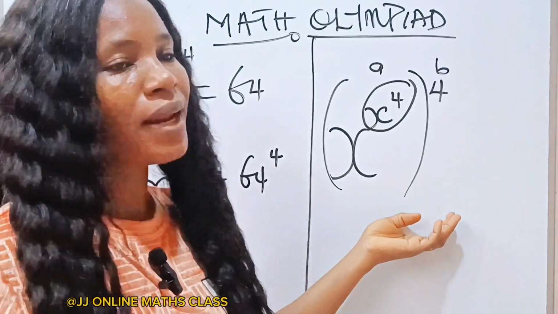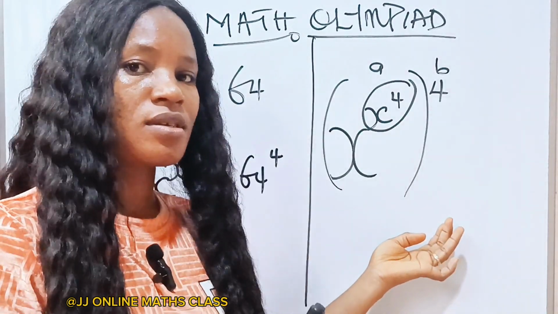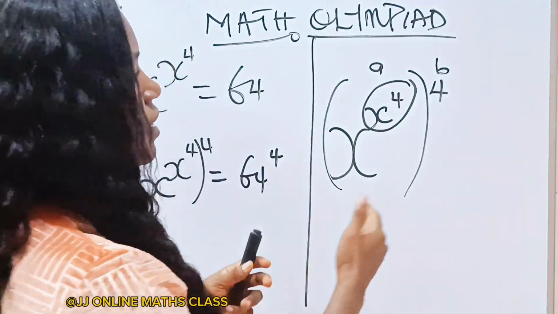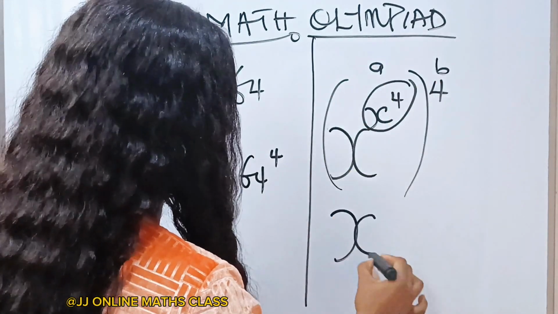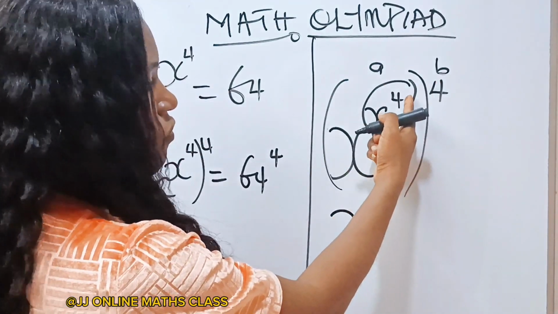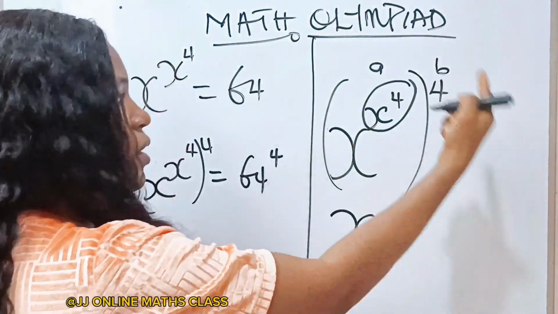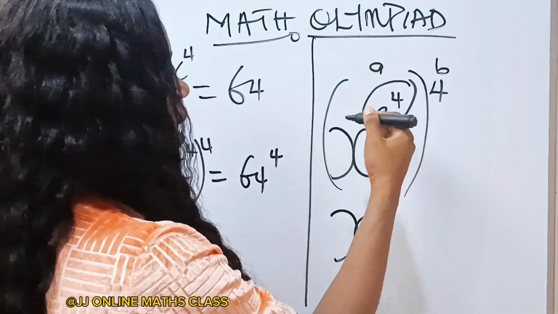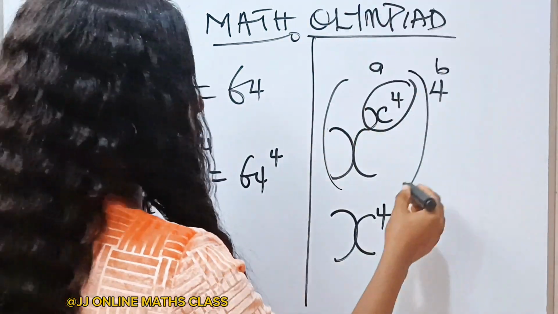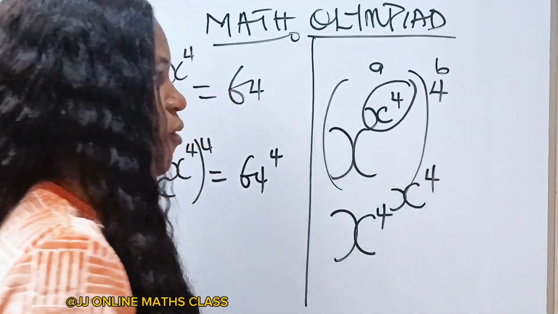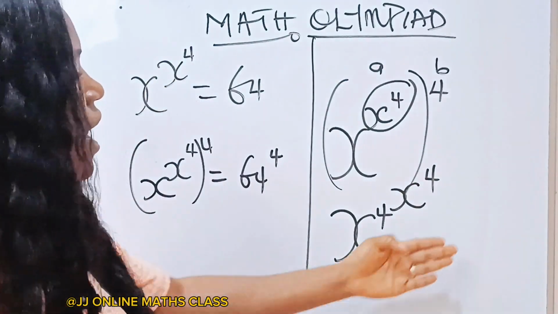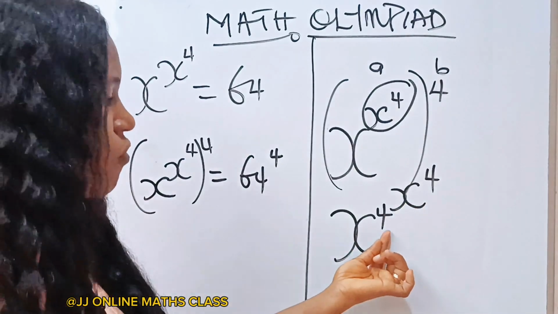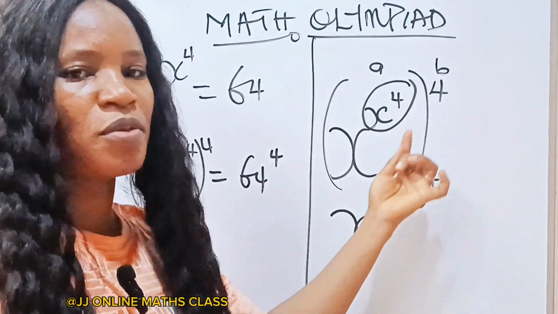That means if we apply the law that I just explained, we can interchange a and b. Instead of writing x to the power of 4, which is a, I'll bring b in, and then I'll take this one out, which is x to the power of 4. Is that understood? So that is how we got x to the power of 4 raised to the power of x to the power of 4.